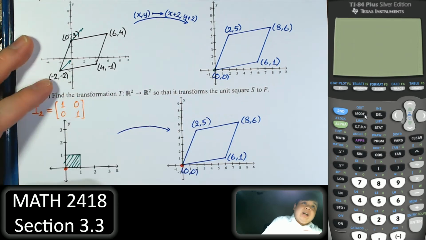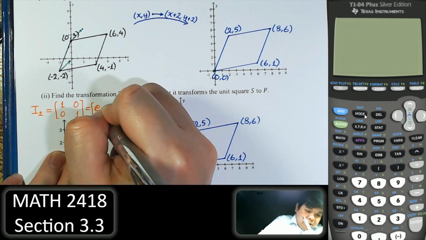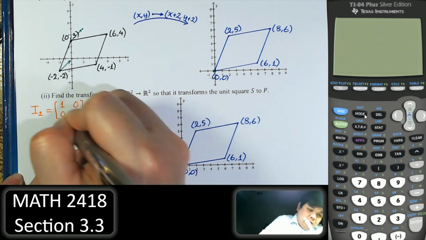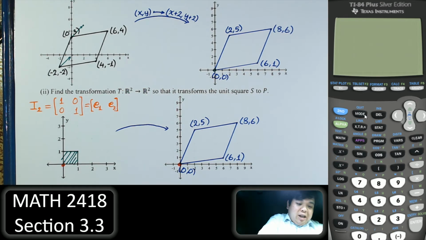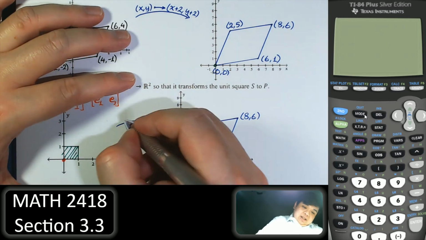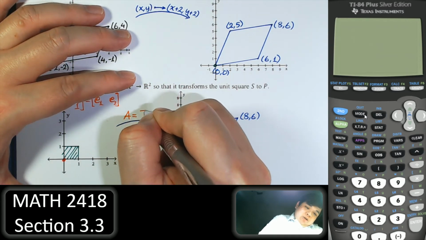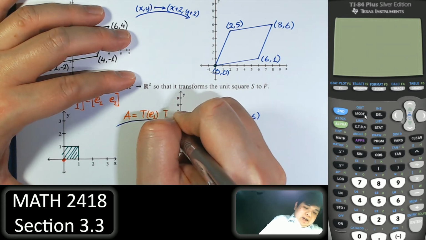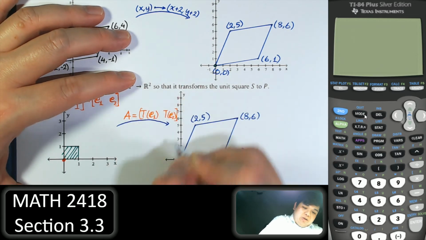If we write that as vectors, that will be E1 and E2. Now, the theorem says that the matrix for the transformation will be given as A equal to the transformation of E1 and then the transformation of E2. I will stack those into a matrix.